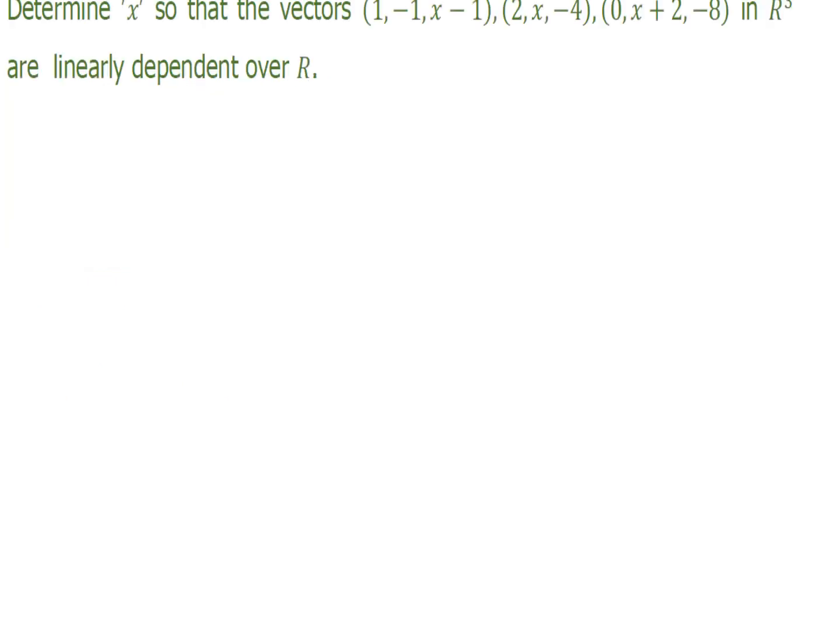Now here in the next sum, we have to determine the value of x so that three vectors, given again in R3, are linearly dependent. We know that when we are able to write three vectors as a determinant, then whenever they are linearly dependent, determinant A is equal to 0.